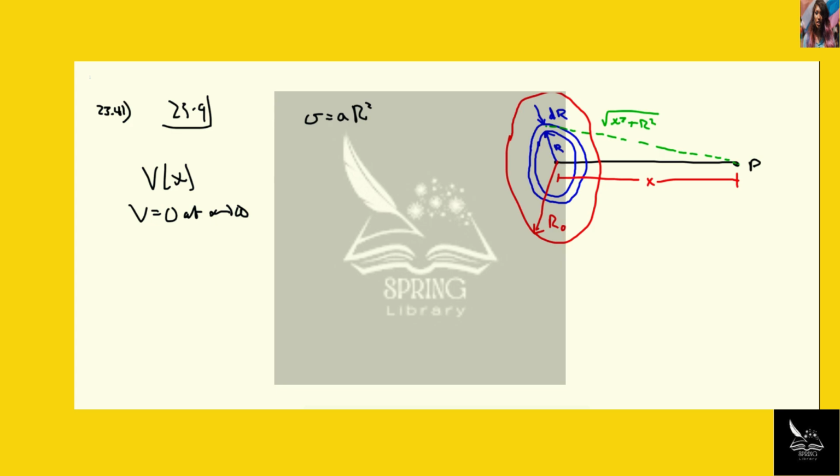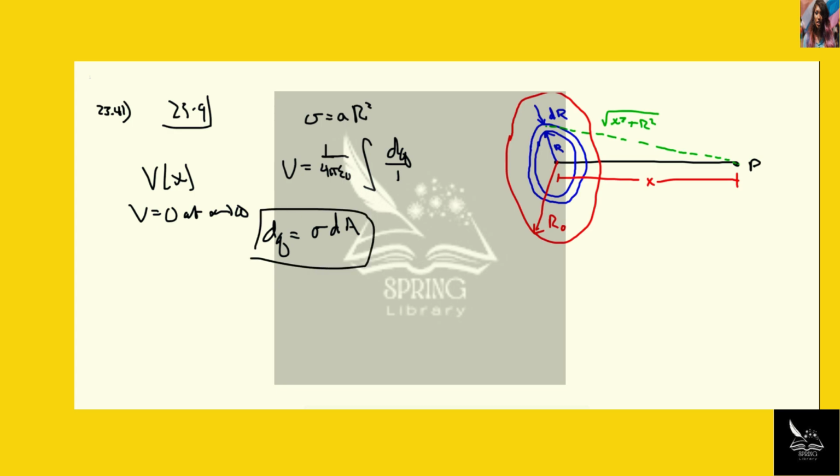Okay, so we're going to follow the same example where we know that we can express the potential as an integral: 1 over 4 pi epsilon naught times the integral of dq over r. So from this we know that dq in terms of surface density is sigma dA. We can now write what this comes out to being.